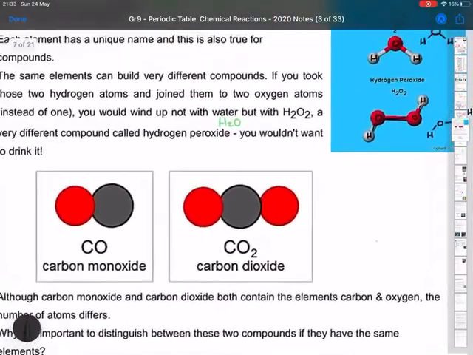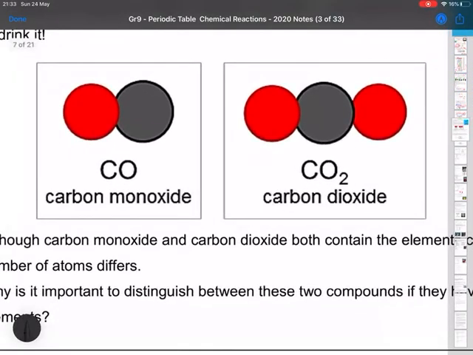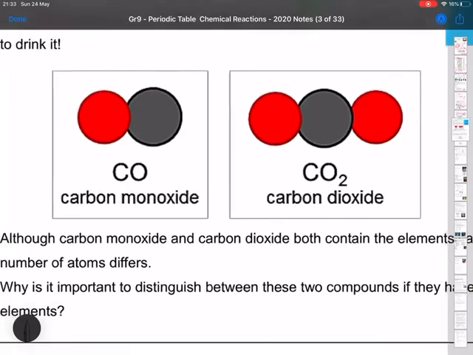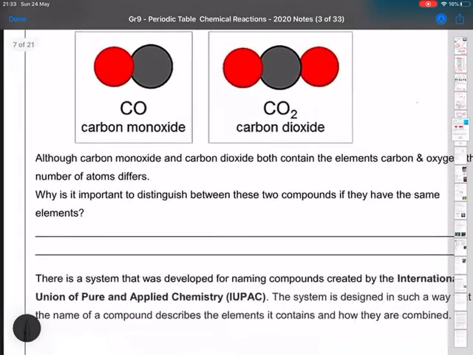Another example, carbon monoxide and carbon dioxide. We breathe out carbon dioxide and eventually it could suffocate you, but it's not nearly as toxic as carbon monoxide, which is a much more dangerous compound. So although carbon monoxide and carbon dioxide have both got carbon and oxygen, we'll have the red atom representing oxygen and the grey representing carbon.